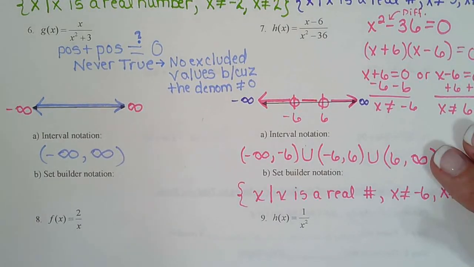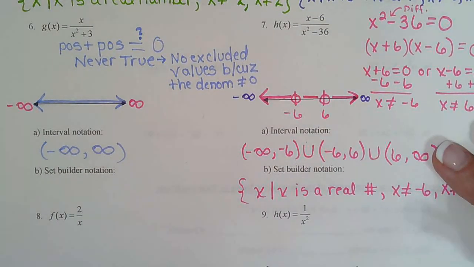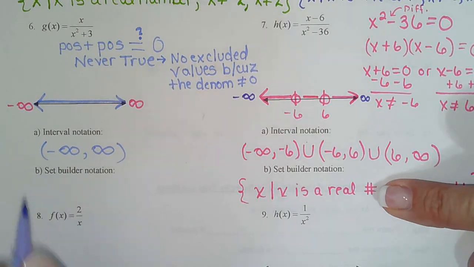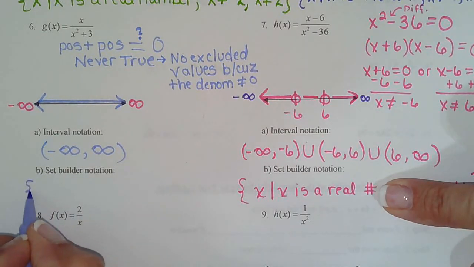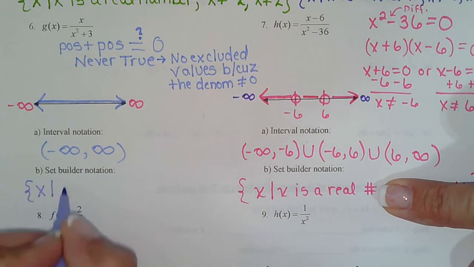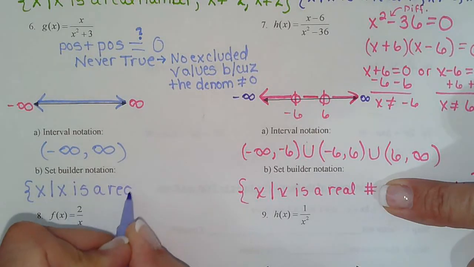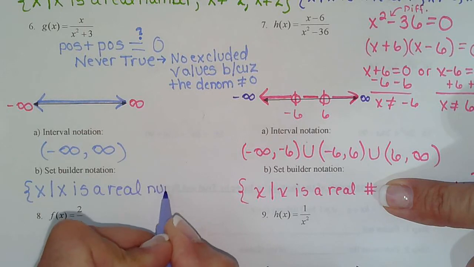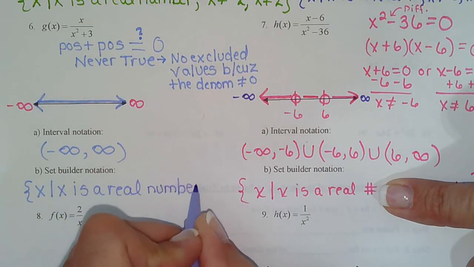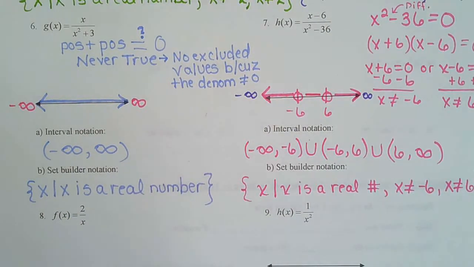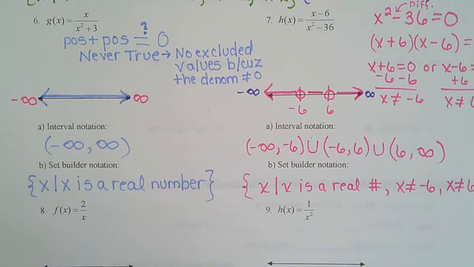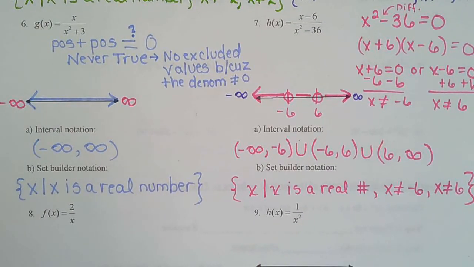Negative infinity to positive infinity, everything works. And my set builder, you just stop right there. So you'd say for all x such that x is a real number. So there's no exclusion. So you just say pick any real number you want. And that's what x is. So that's the special case.